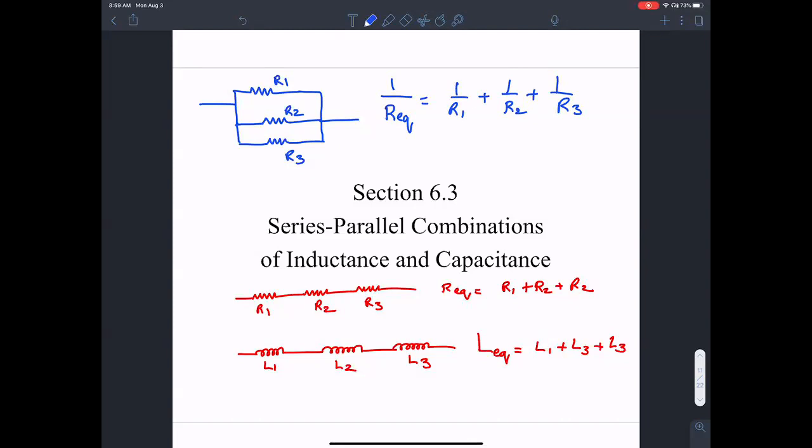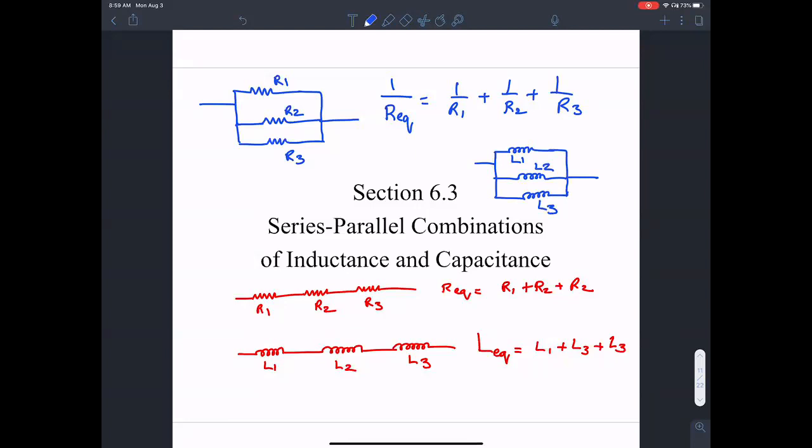Exact same thing with inductances as well. When I have 3 inductances in parallel, or any number of inductances in parallel, the overall inductance is going to be the inverse sum. So this is L1, here is L2, L3.